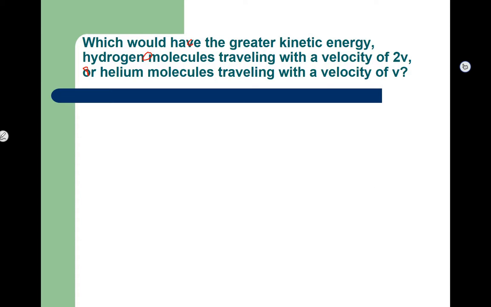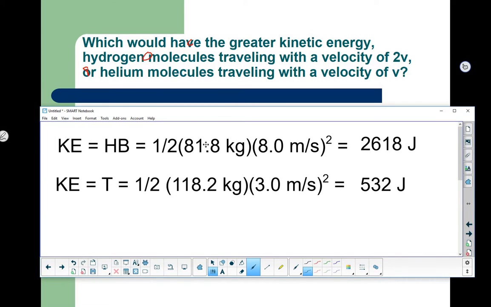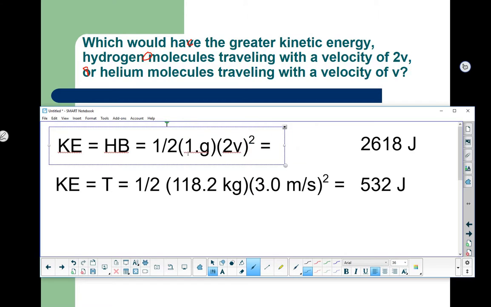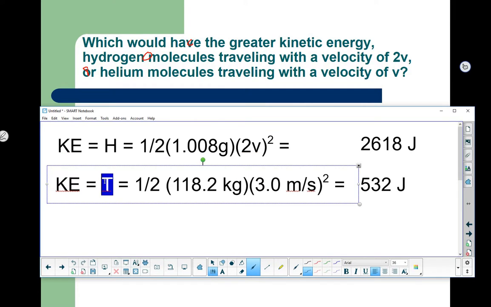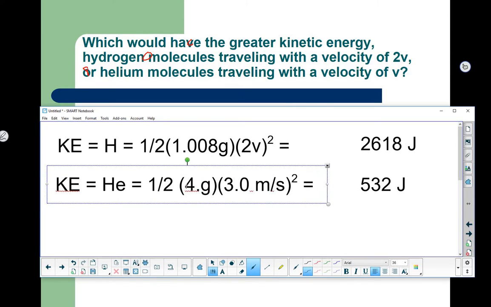We're going to do the same kind of setup that we did in this other one, but instead of putting the actual number here, we're going to put 2v, and instead of being given the kilograms, we're just putting the mass of that, and this will be hydrogen, and this one down here will be helium, and helium's mass is 4.003, and it said that we had just a v for velocity.